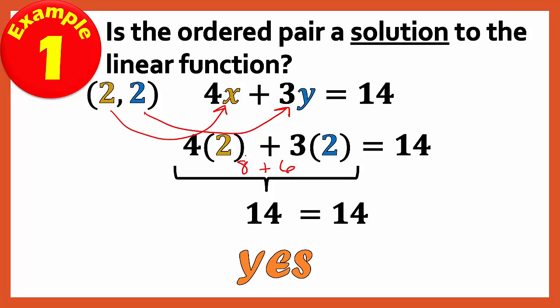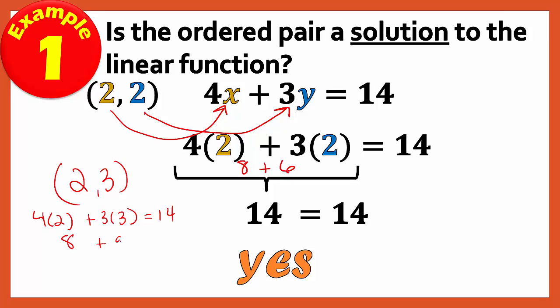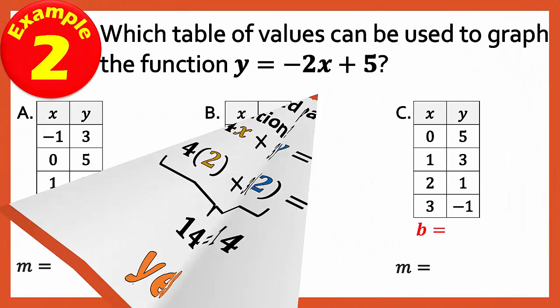Obviously, if this was something else, let's say this was the point (2, 3), we would have 4 times 2 plus 3 times 3 equals 14, which would give us 8 plus 9, which is 17, which does not equal 14, and in that case, that would be no. So just keep that in mind. It's not always going to be yes.